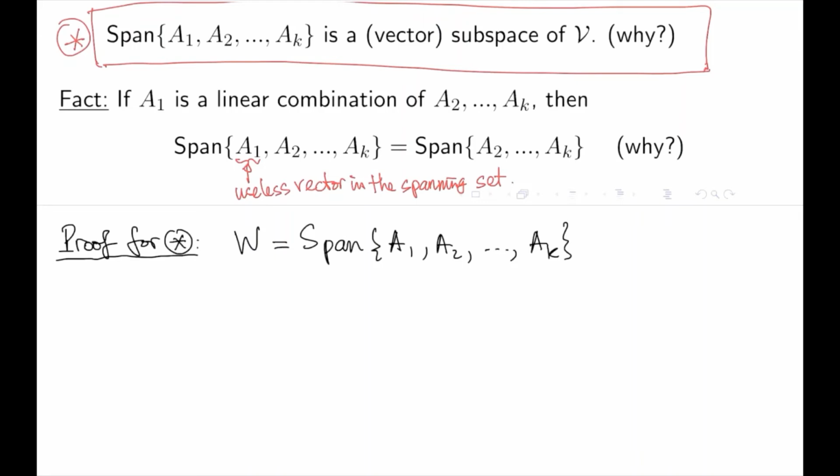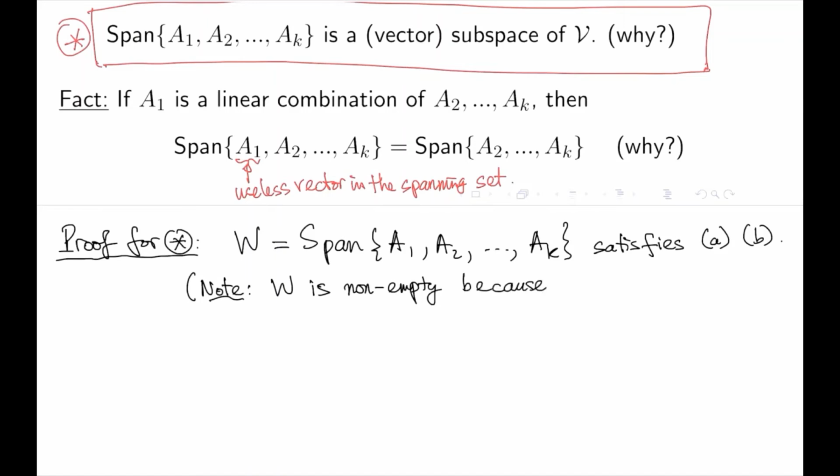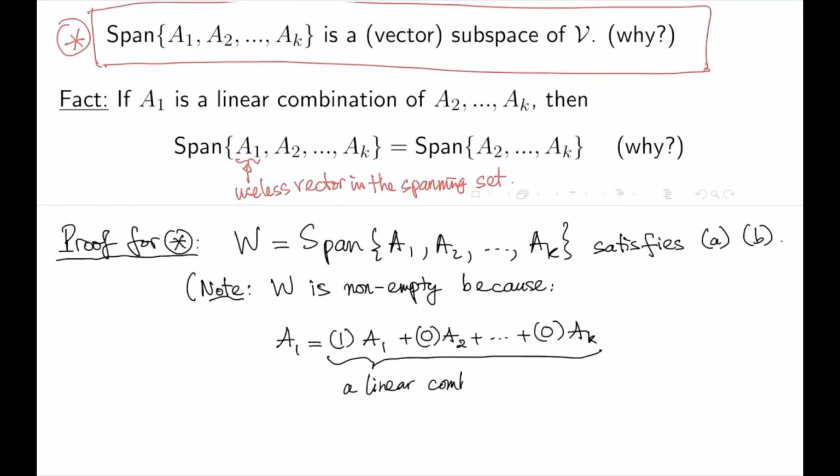We have to prove that this satisfies property A and property B. Note that W is non-empty, because if you write any of them here as 1 times itself plus 0 times the others, then by the definition of linear combination, this is a linear combination of the k vectors that we were given.